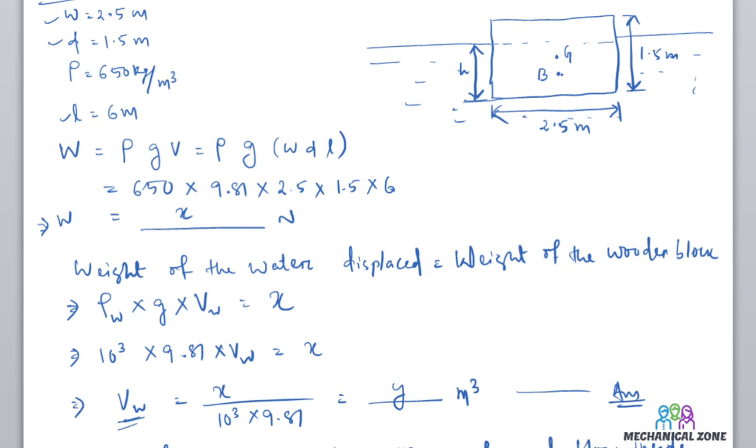In order to calculate the center of buoyancy, you need to calculate the centroid of the part of the wooden block inside the water. To calculate that centroid, you need to divide h by 2. By doing h by 2, you will get the center of buoyancy.